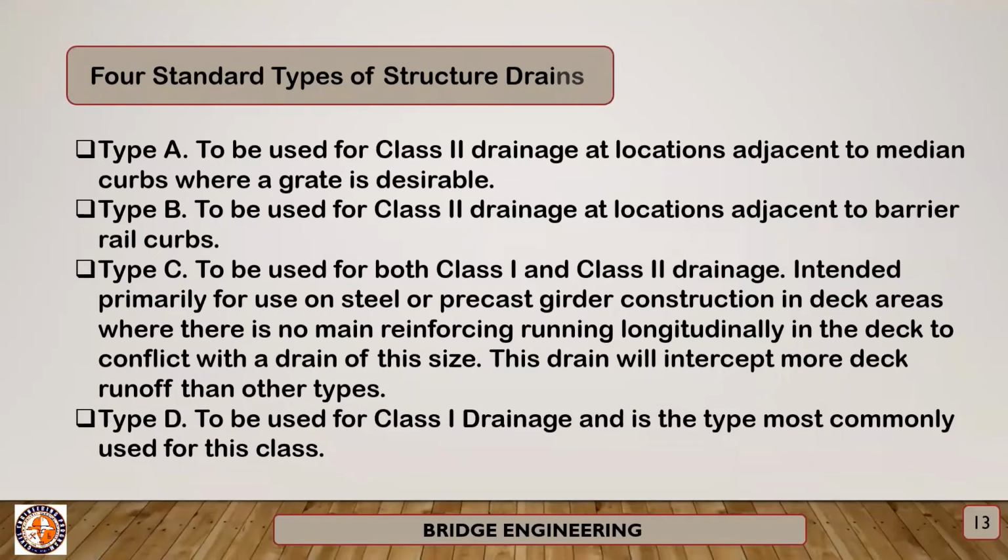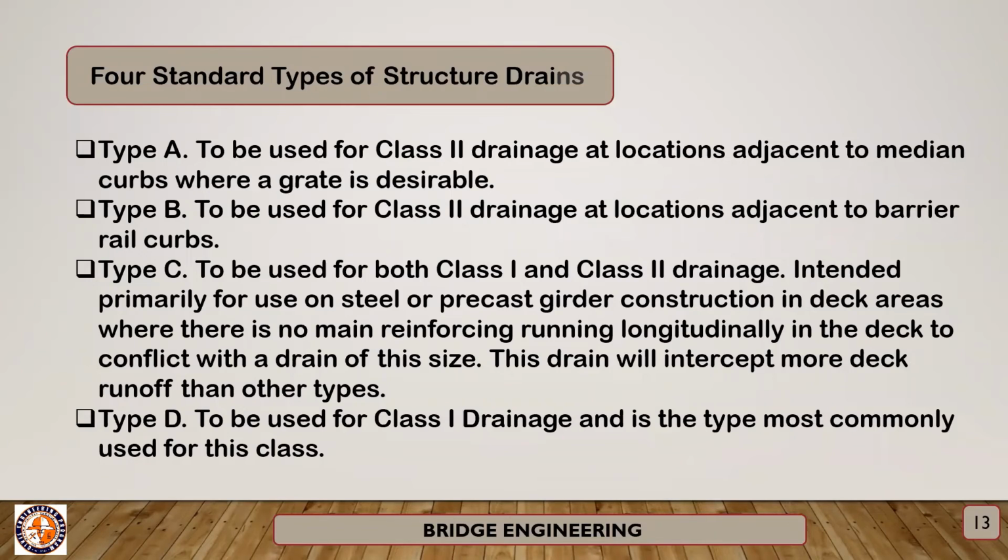Next are the four standard types of structural drains: type A, type B, type C, and type D. Type A is to be used for class 2 drainage at locations adjacent to median curbs where a grade is desirable. Type B is to be used for class 2 drainage at locations adjacent to barrier rail curbs.